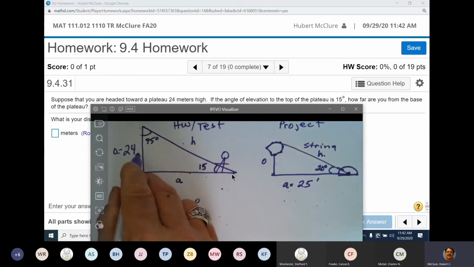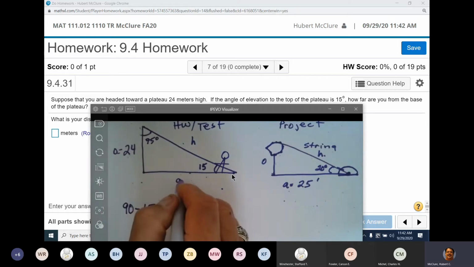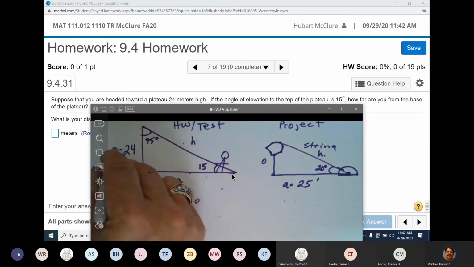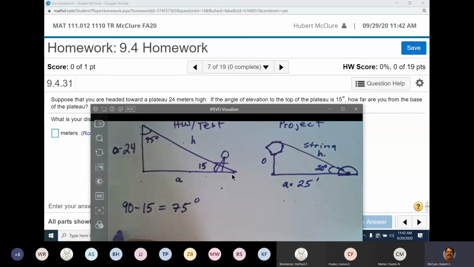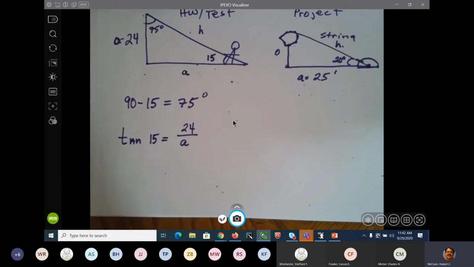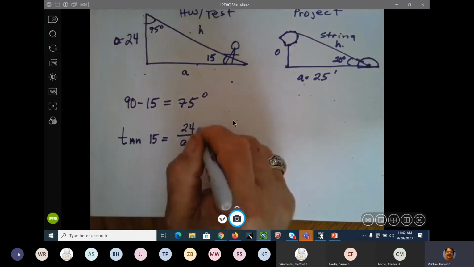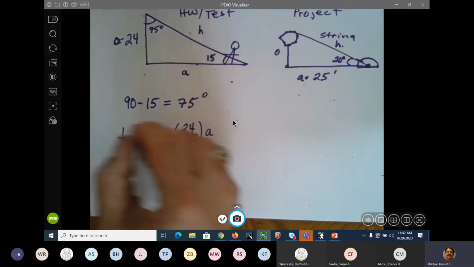Okay, let's go ahead and see. I've got my opposite over adjacent. Oscar had a hunk of apple. So the tangent of 15 degrees equals 24 over adjacent A. Okay, so let me clear the fraction by multiplying by A on both sides.